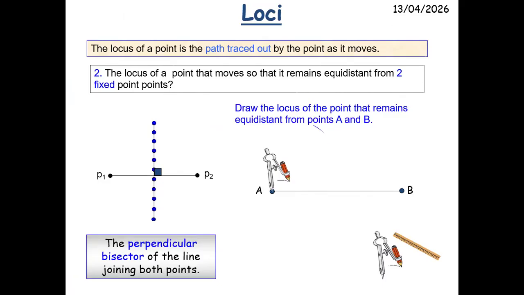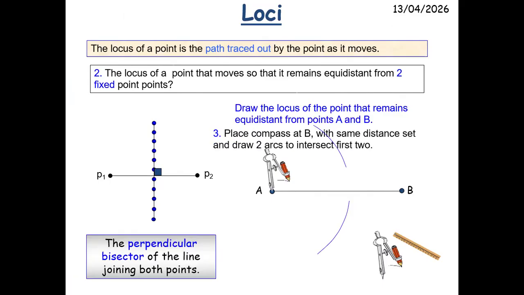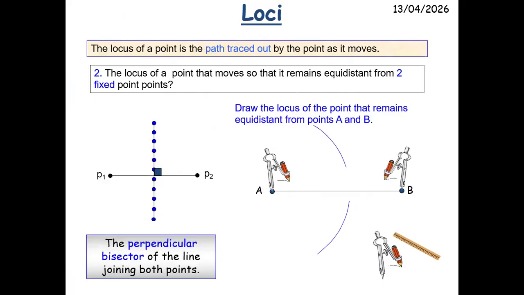So we stay at point A, we do that cut there at the bottom. So we stay at B and do exactly the same. And then we draw your straight line. So draw the perpendicular bisector through the points of intersection. And that's what we have.